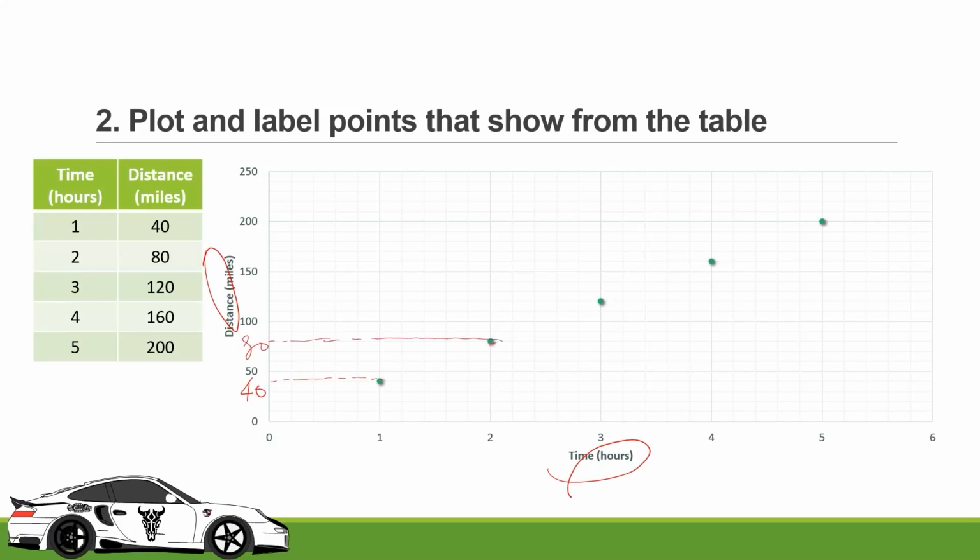When time is 3, the distance is 120 miles. When time is 4, the distance is 160, correct? And when time is 5, the distance is 200. So now you should have 5 points on the graph.